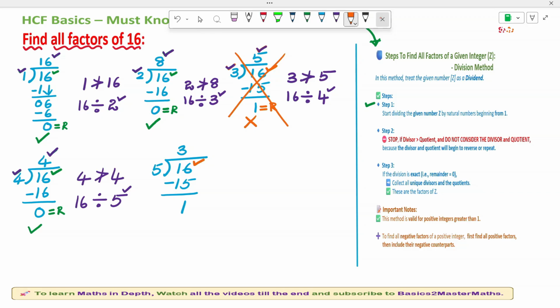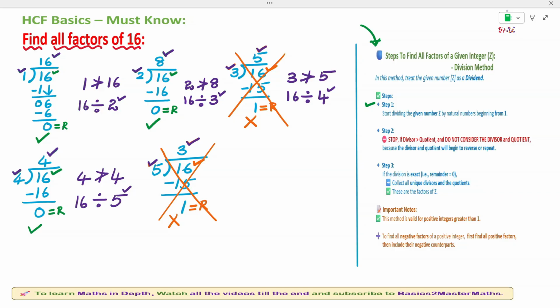When we divide 16 by 5, we get 3 as the quotient and 1 as the remainder. So, this division is not exact. Therefore, do not consider this step.